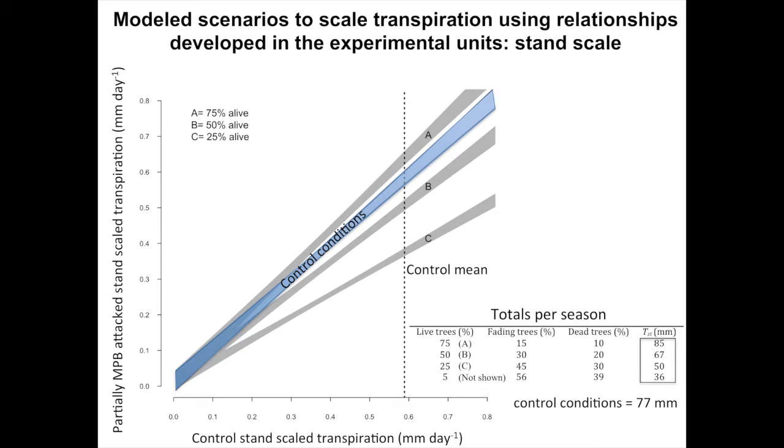So as you can see, in order to expect a significant difference from a partial attack stand, you will expect that about 50% of your trees might have to be alive, right? So this analysis says that the system might be fairly resilient in order to show a change in transpiration on a forest basis, and you have to consider the composition of your forest in this regard.